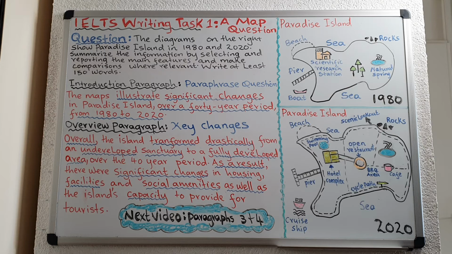So it was undeveloped. Sanctuary. Now, a sanctuary gives the impression that it was a very peaceful island because it was in its natural state. It was a kind of sanctuary, an oasis, a very peaceful place to be.